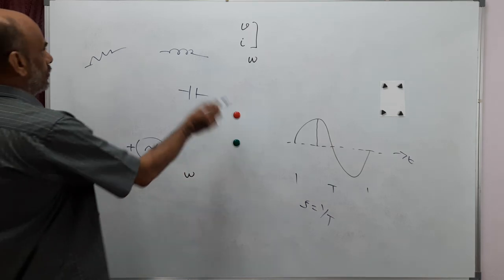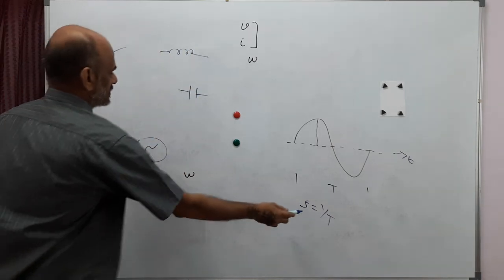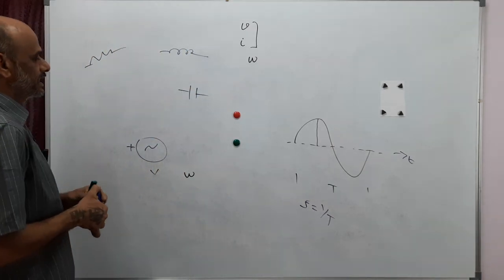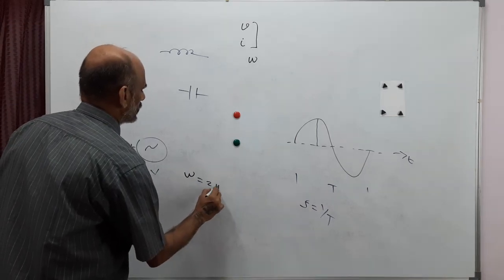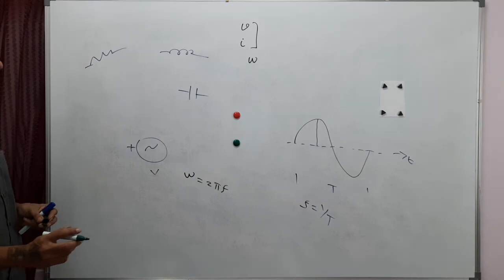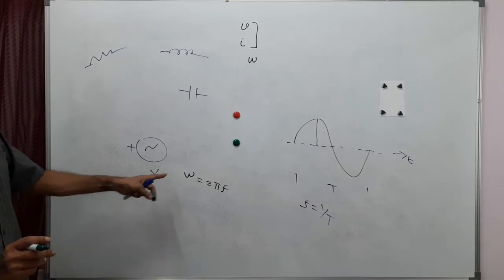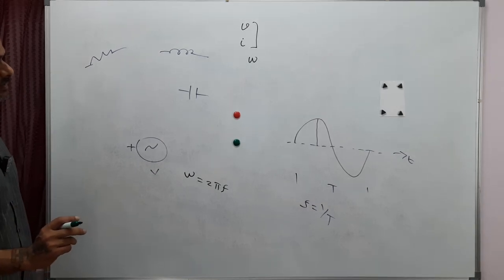So the frequency of all the variations, voltage and current, will be the same, f, and f is related to omega as omega equals 2 pi f. f is in hertz or per second, omega is in radians per second.